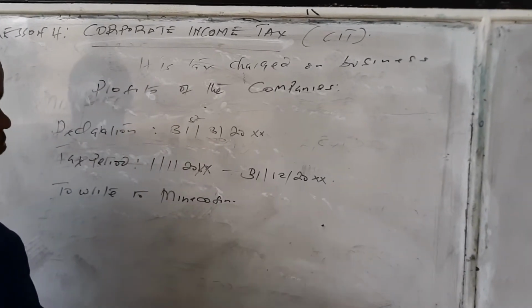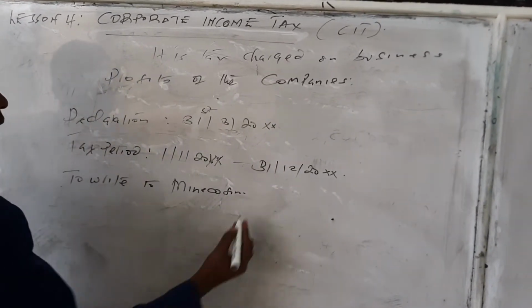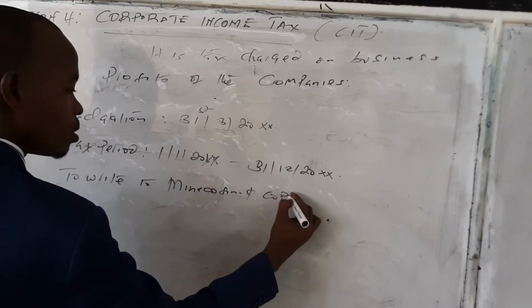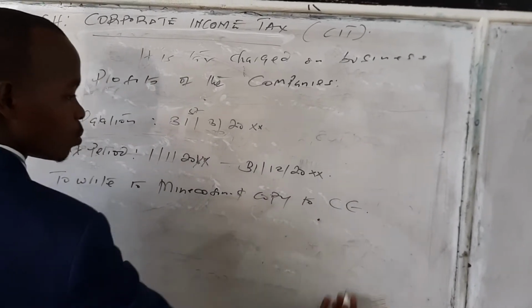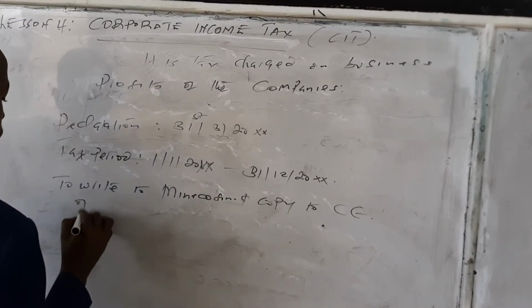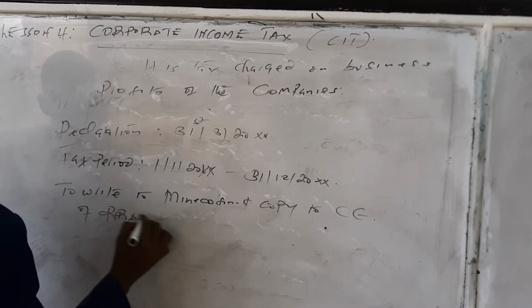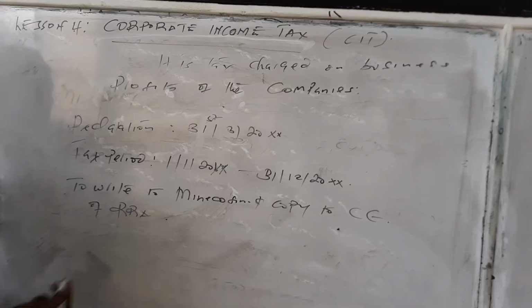Minicofin is the Ministry of Finance and Economic Planning, and then copy to CG. CG is the Commissioner General of RRA.